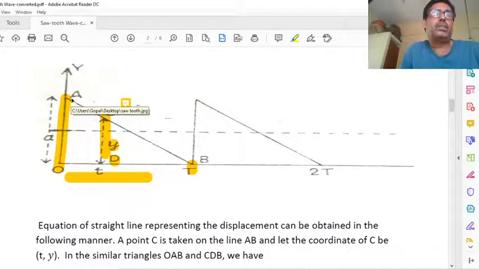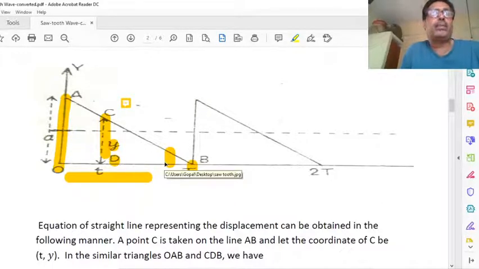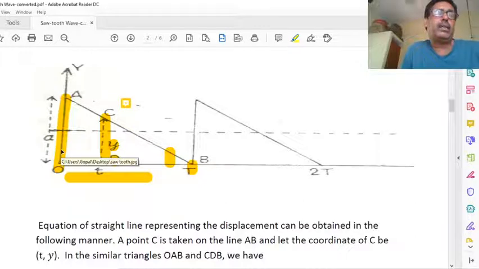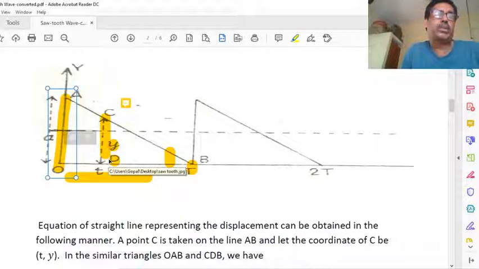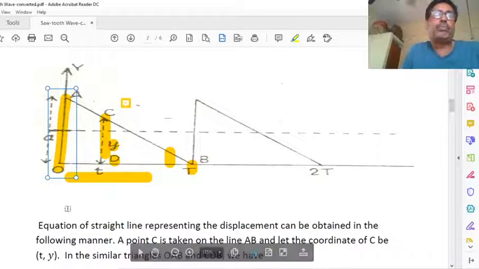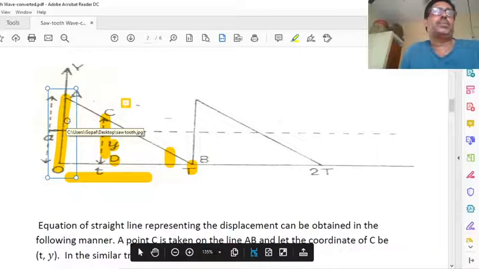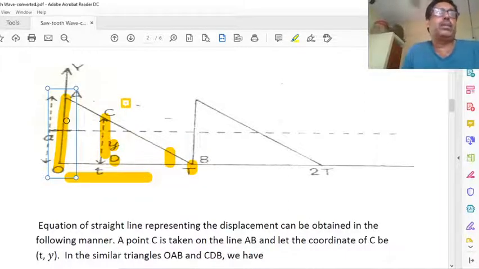If you see carefully these triangles, the first triangle OAB and the second triangle CDB have a common angle, and one angle is 90 in each. So if we consider these two triangles, the ratio of sides will be equal.